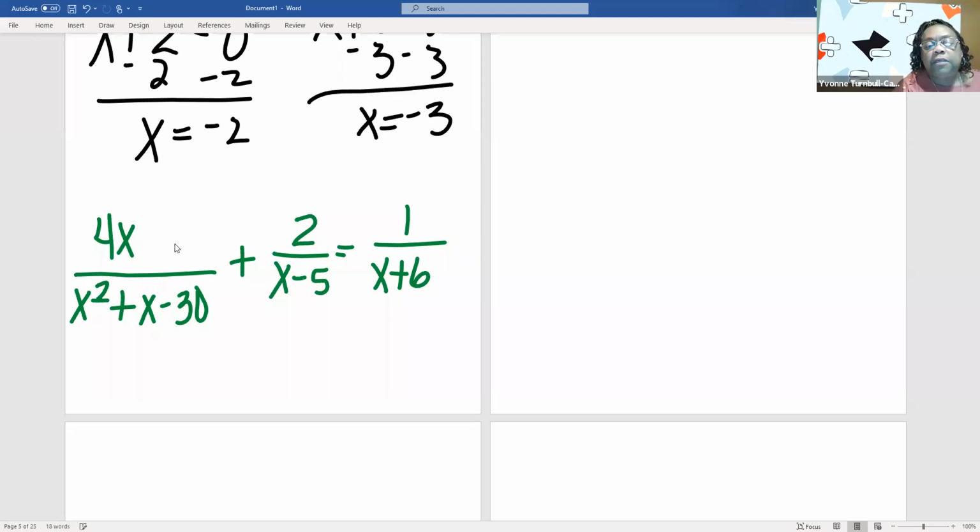The first thing you want to do is factor to find the LCD.